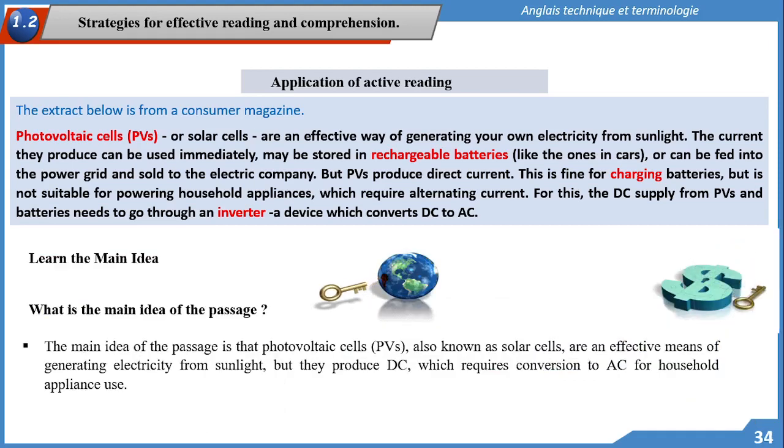So, learn the main idea. The primary message conveyed in the passage is that photovoltaic cells, commonly referred to as solar cells, efficiently generate electricity from sunlight. However, they produce direct current, which needs to be transformed into alternating current for powering household appliances.